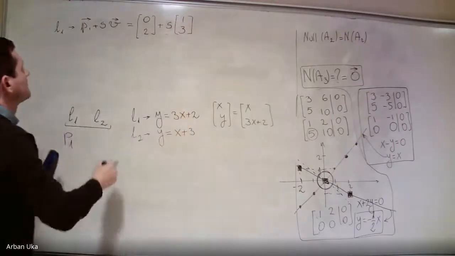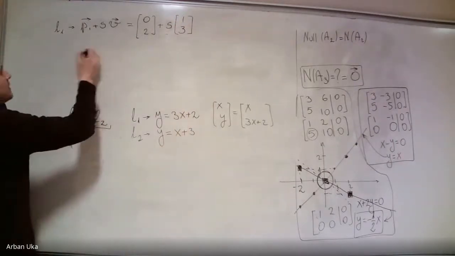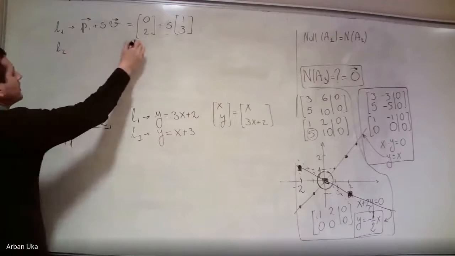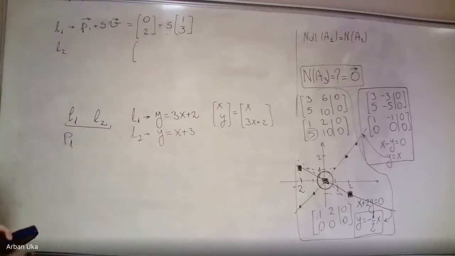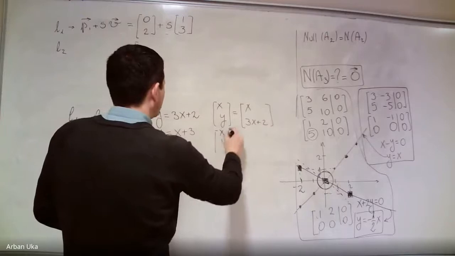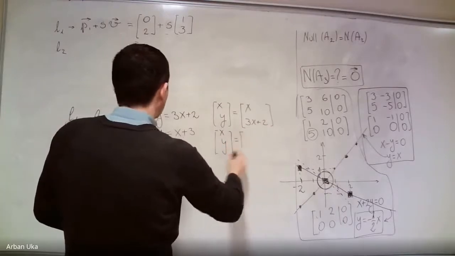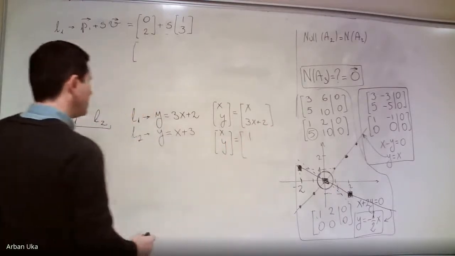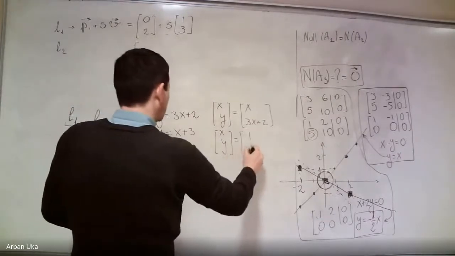Yes. And then we have another line L2, which can be written. I'm trying to think about this problem. I don't know yet how we can solve this. But this is equal to x, y equal to, x is t, and y is t plus 3, right?